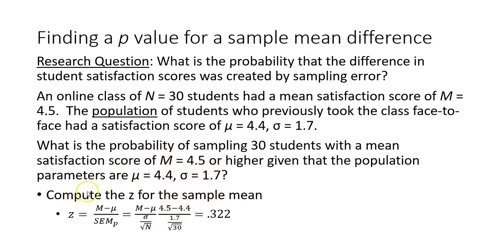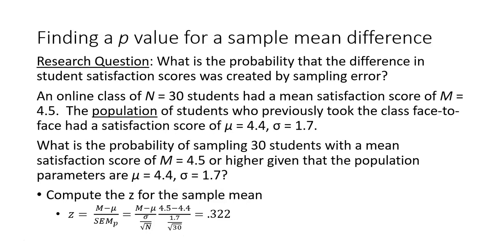What we need to do now is compute the z-score. We find the deviation score, the difference between the sample mean and the population mean, so 4.5 minus 4.4, and then we divide that by sampling error. So how far apart were the sample mean and the population mean?